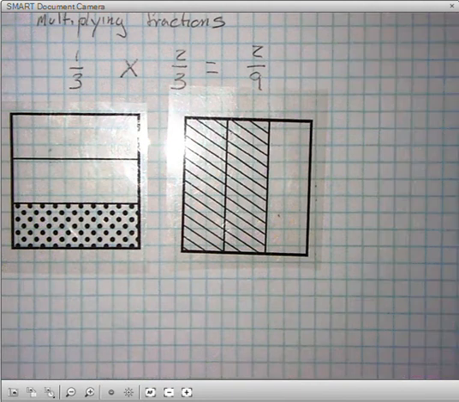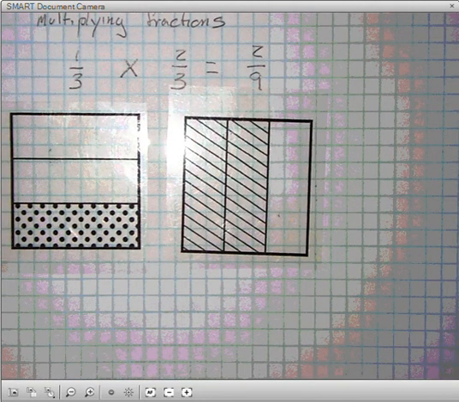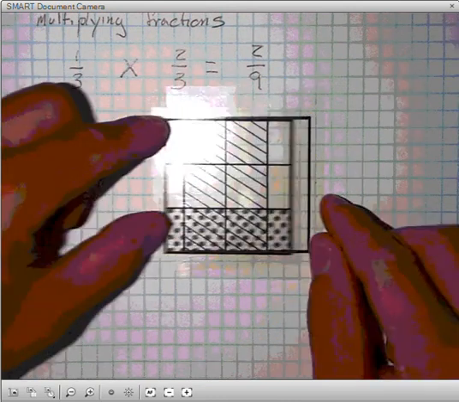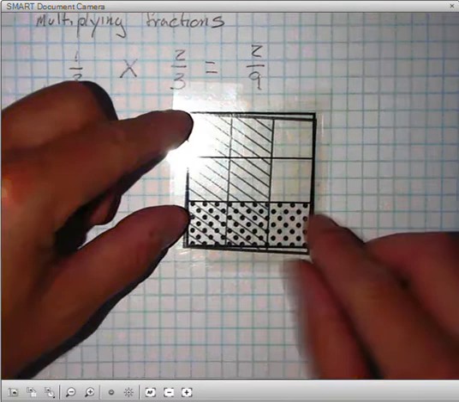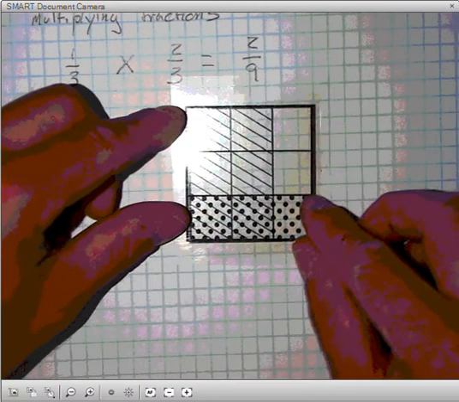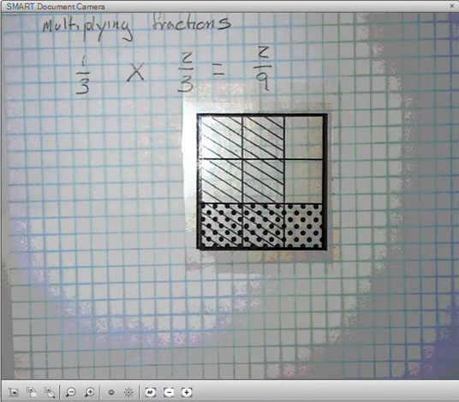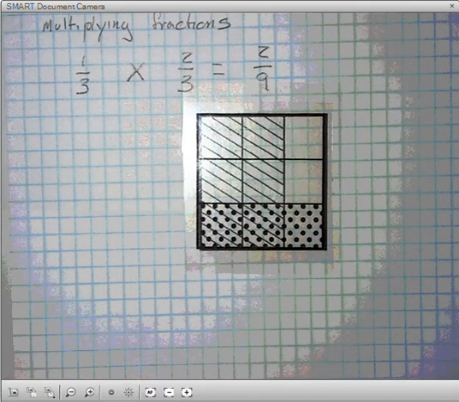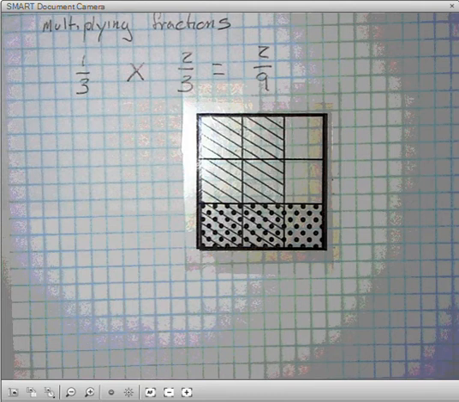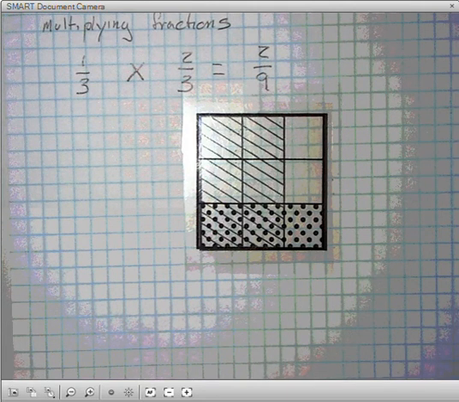When I multiply those together, I put them on top of each other. How many of those little squares have both stripes and polka dots? 2 out of 9. What's our answer? 2 9ths.